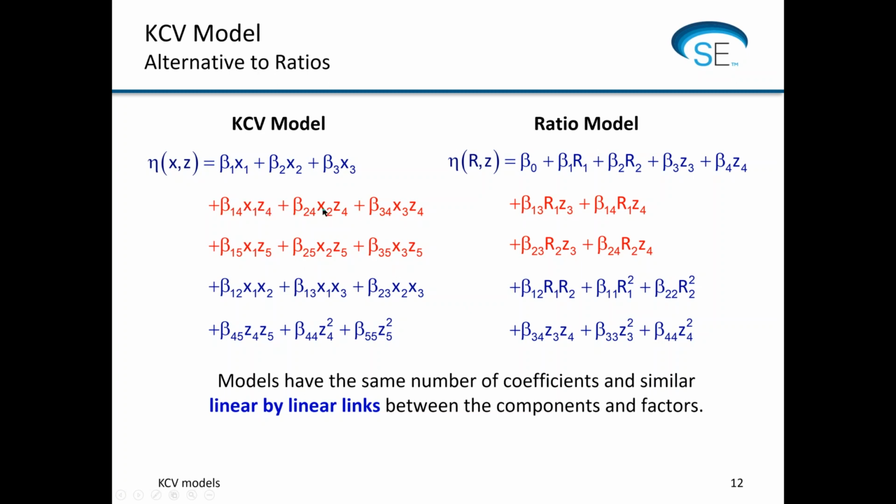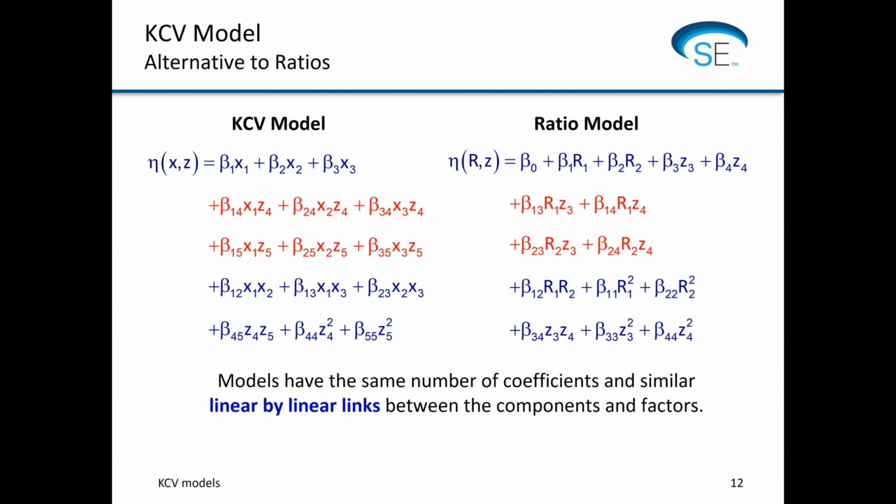If you look at where there's X's and Z's, and you look over here where there's R's and Z's, they're always linear by linear corrections. And so this made me feel a lot better about using the KCV models because they're essentially equivalent to ratio models, but they have a big advantage.